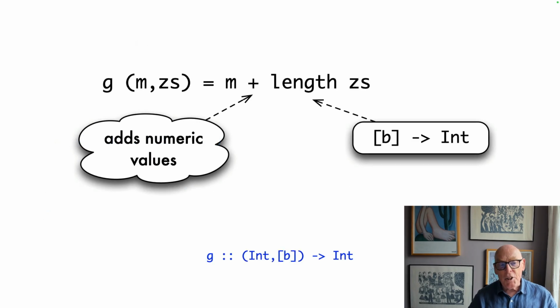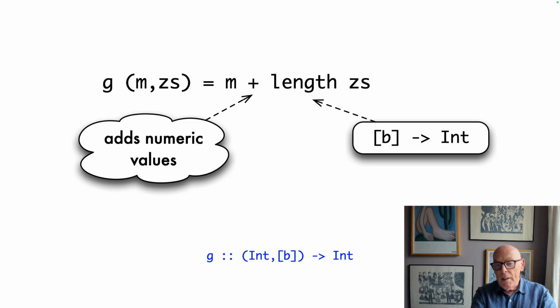What about this function g? G takes a pair m and z and returns m plus the length of z. Now, what do we know here?